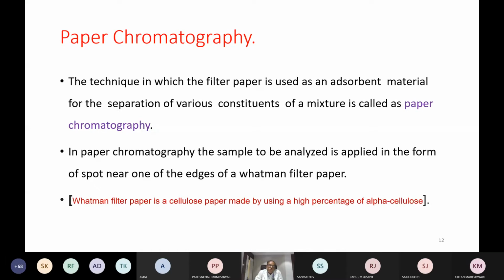In that also there are separate categories, like Whatman filter paper grades 1, 2, 44, 39, 40, like that.